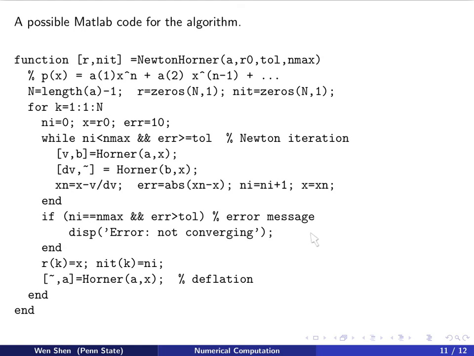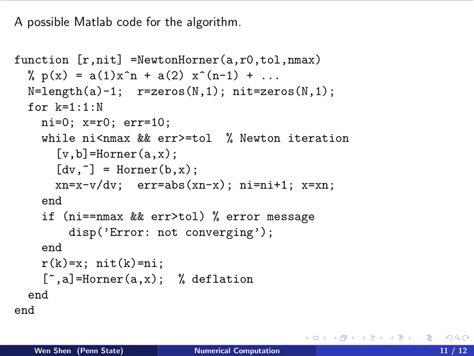One can display an error message in the case where convergence is not reached. So if the number of iterations equals the maximum number of iterations and the error is bigger than the tolerance, we display a message saying it did not converge.